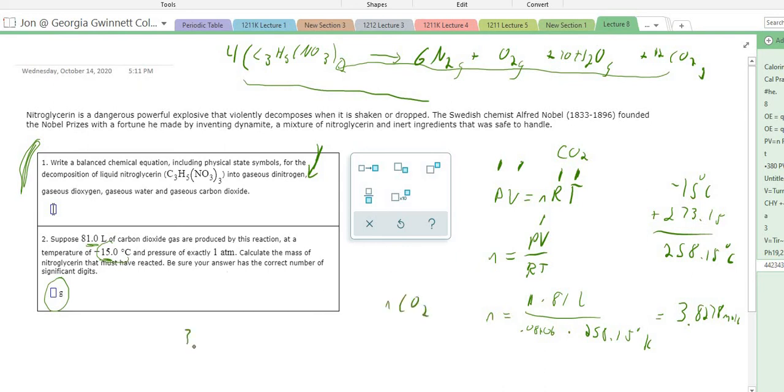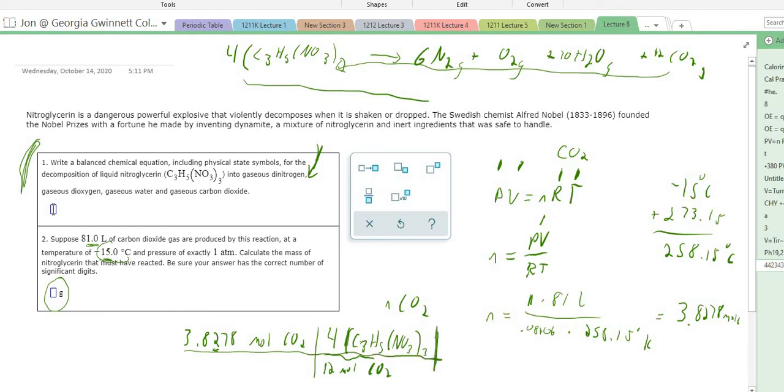So I have 3.8278, and again I got those 3 sig figs, moles of CO2. We just used the ideal gas law to get that. Well, we know from our chemistry here that for every 12 moles of CO2 that are generated, I'm going to consume 4 moles of the C3H5NO3, my nitroglycerin right there.